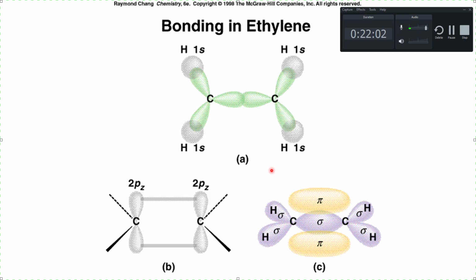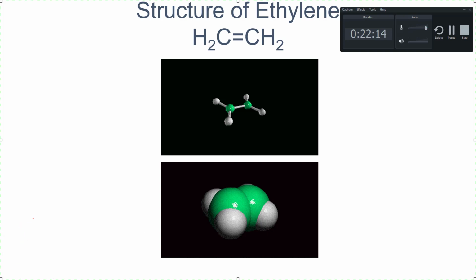And just another view of that with both lobes of the pi bond, the sigma bond, and then the carbon-hydrogen sigma bonds. Another view showing the planarity of the trigonal planar geometry of the carbon-carbon and the carbon-hydrogen bonds.